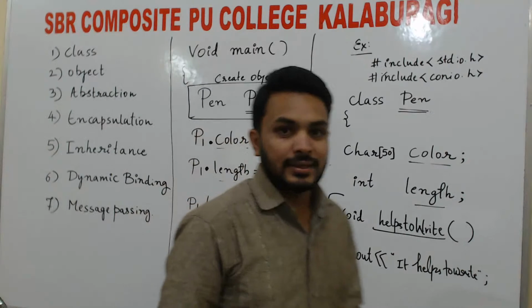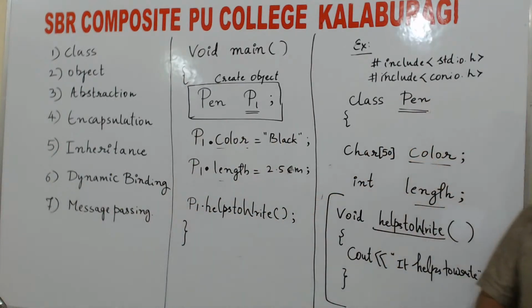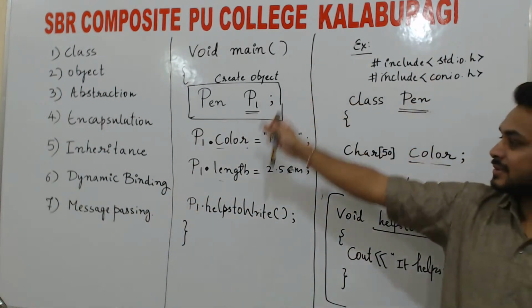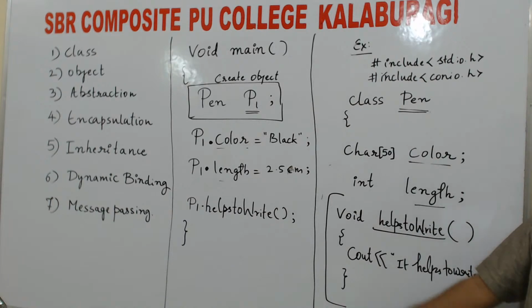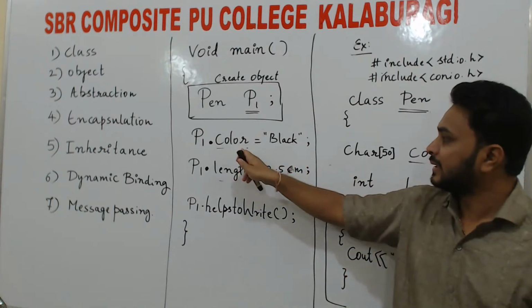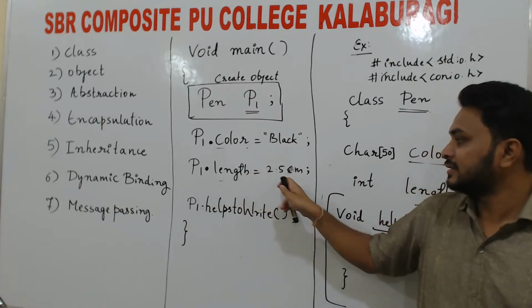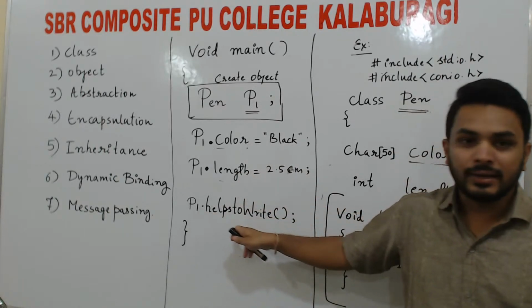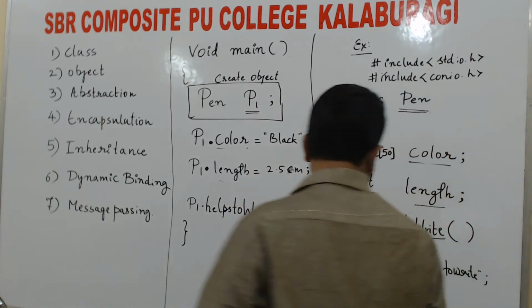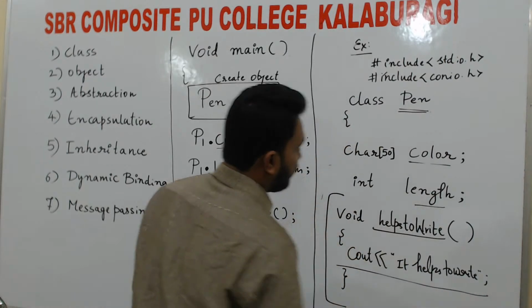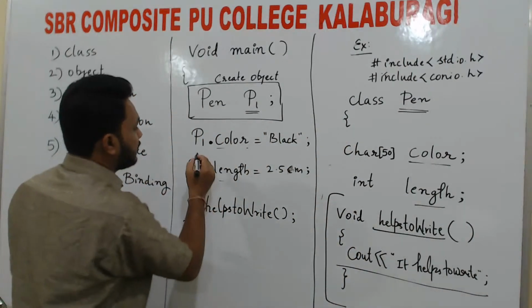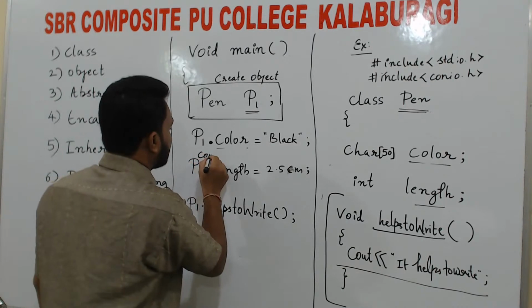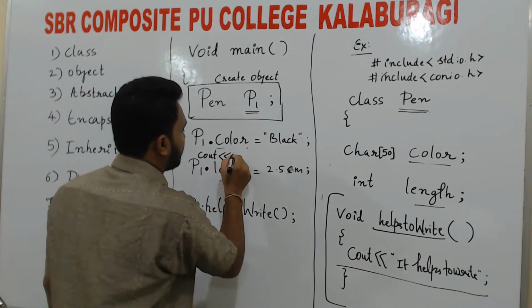Okay, try this inside Turbo C++. Write all these things. You will get output as pen color is black, length is 2.5 centimeter, and it helps to write. So here we are writing cout, and here you can write cout.